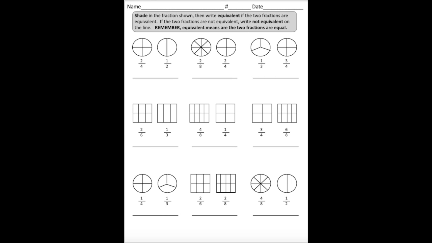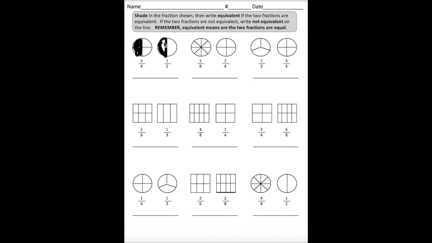If my fraction is 2/4, I would shade in 1, 2 parts. Sorry, it's kind of hard to draw online. So I'd shade in 2 parts, 1, 2, because it's 2 parts of my whole. And then for 1/2, I would shade in 1 part.